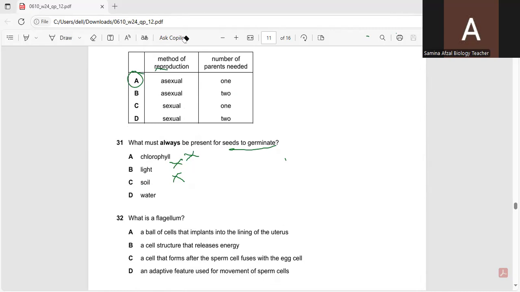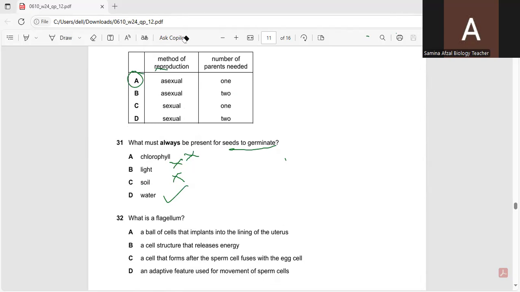Water. Water is required for germination of seeds. Why is water required for germination of seeds? Some of you will say that soil is necessary for germination. Without soil, the seed can germinate. The seed will not germinate until it is soaked in water.